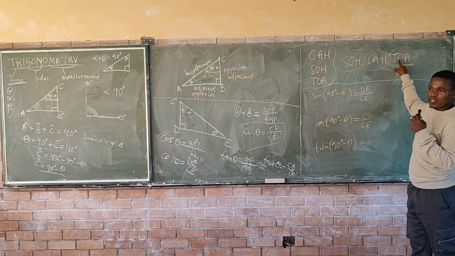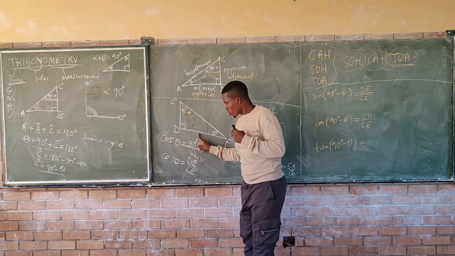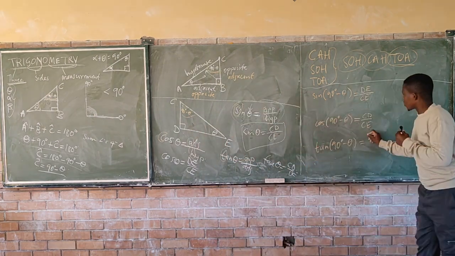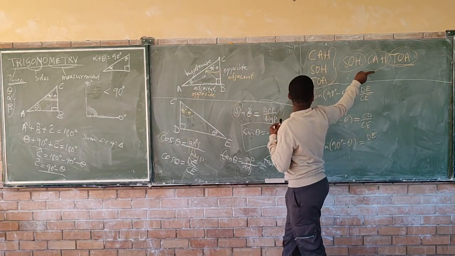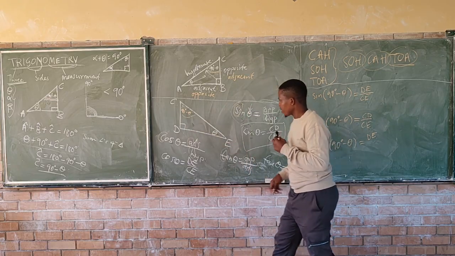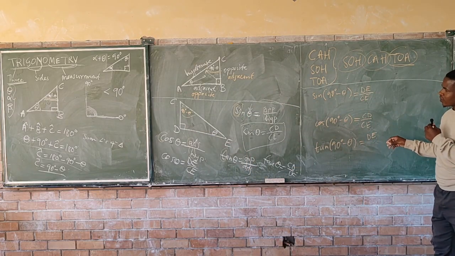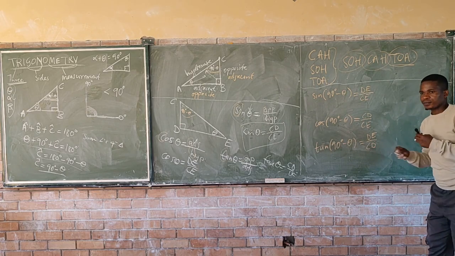I must start by what? Opposite. So I'm here. The definition says I must go opposite. Opposite is what? Then it is DE. Then you come say, okay, the next one is what? Adjacent. Now, what is the adjacent of this one? What is it? You know that is CD.